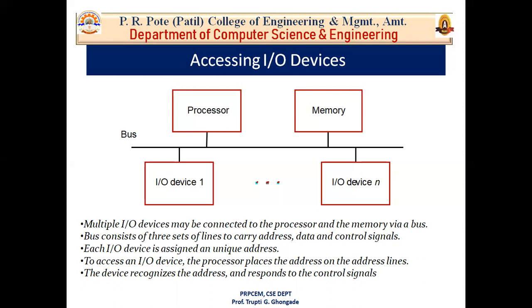There we use the memory data register, and for the address line we use the memory address register, so the working of both the lines is different. When IO devices and memory share the same address space, the arrangement is called memory mapped IO. And when the IO devices and memory have different address spaces, that arrangement is called IO mapped IO.